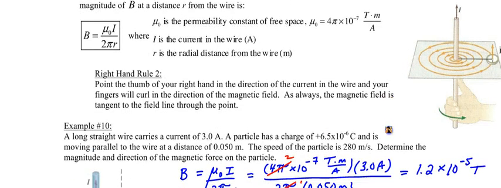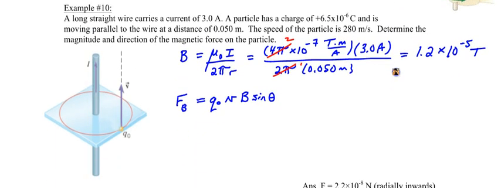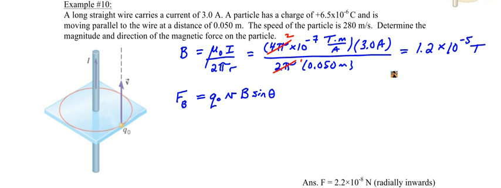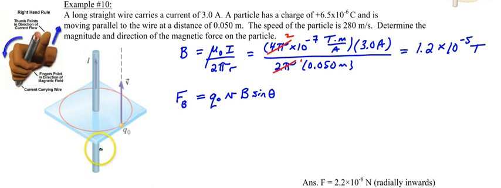So let's use that. Take number 10 and now grab that wire. Drop your pencil, pretend you're grabbing this wire with your hand, and you should put your thumb in the direction of the current, and you should see that the magnetic field that is induced around this wire is going in this counterclockwise fashion.